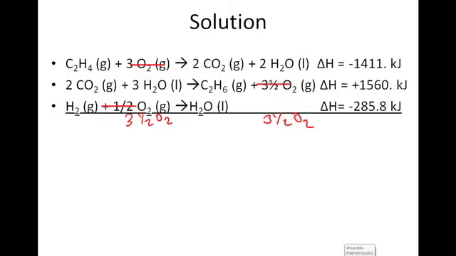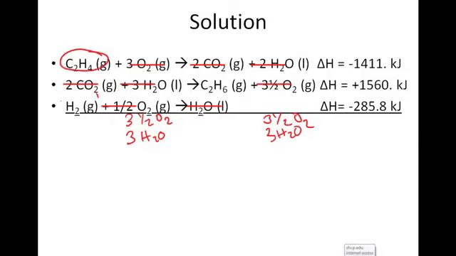Next, I have 2 carbon dioxides on each side of the equation. And the last thing is I have 3 waters on this side, and I have 2 plus 1 water, which gives me 3 waters on the other side, so that cancels out.